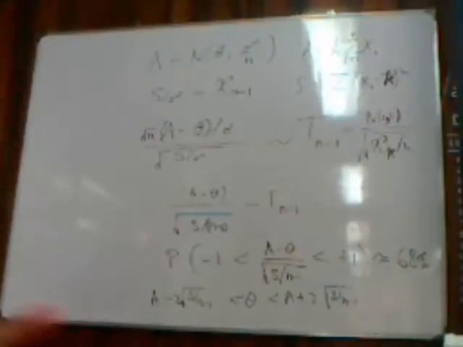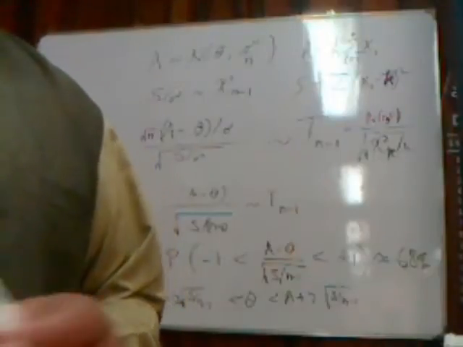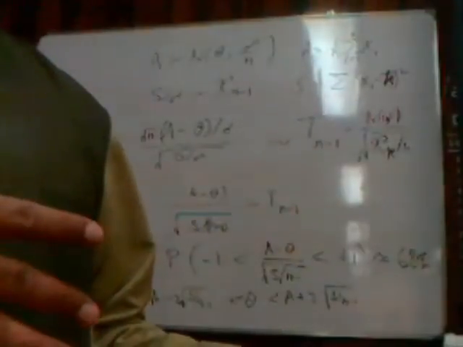So maybe it depends on the purpose, and that requires much more knowledge of the real world application that you're doing. You might be willing to take a theta which is outside the 95% bounds, because this is not the primary purpose of the model.